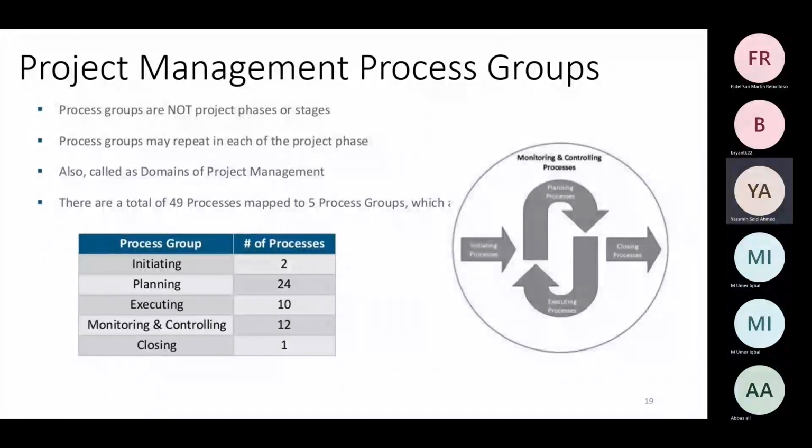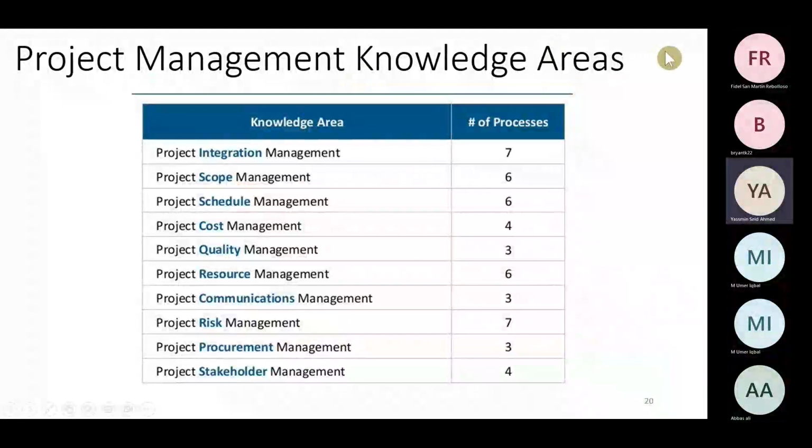We also have knowledge areas. Initially there were 9, but the previous edition itself added a new knowledge area, which is stakeholder management. So now we have 10 knowledge areas.